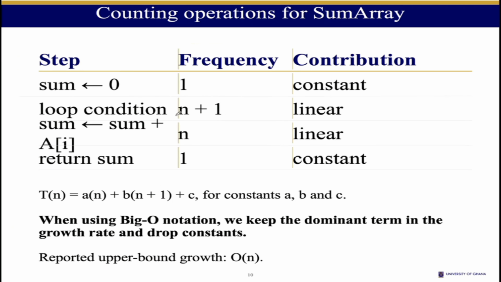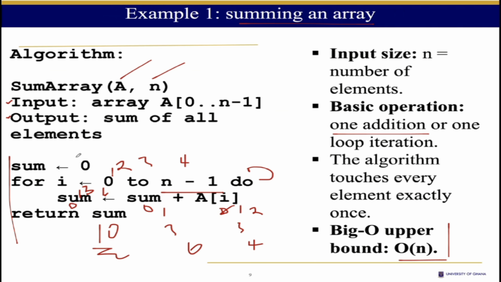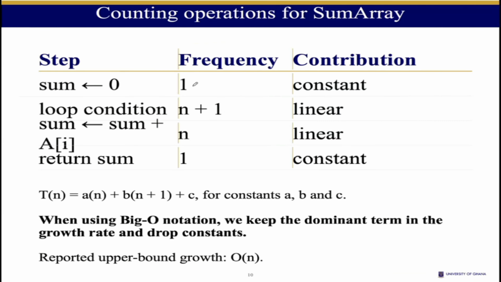So counting operations for the sumArray, this assignment here, sum equal to 0. I've told you it's the same as saying sum is equal to 0, and we are assigning it. So we assign 0 to sum. That operation is a constant operation, so the frequency of execution is 1. It's contributing just a constant.